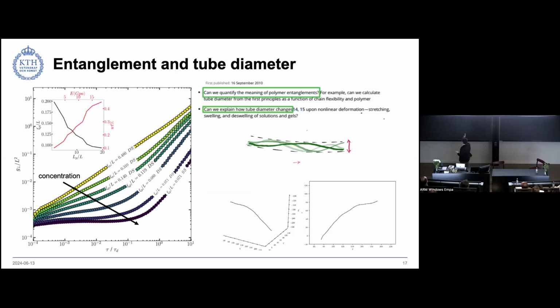But when we step by step increase the concentration, we can see a behavior towards a plateau, which tells you that the fibers are entangled or in an imaginary tube. Then all of a sudden we have a super-diffusive motion that shows the fiber releases itself and diffuses into the environment.